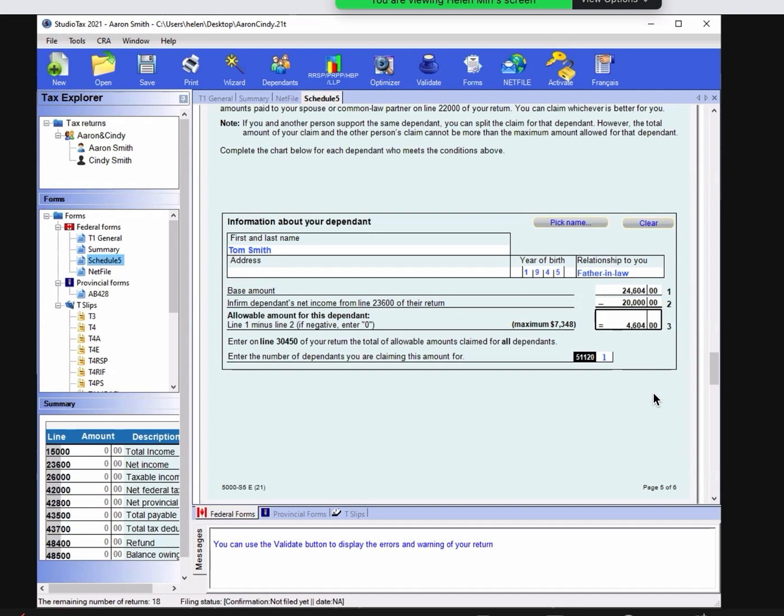I said no. The time from last summer to now is not counted in your interest. They only calculate from May 1st to the date of the letter they sent you. The letter is from last summer when she asked me to fill that Schedule 5, so it's only 50 something.